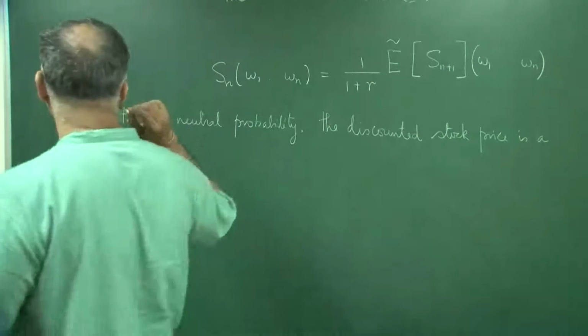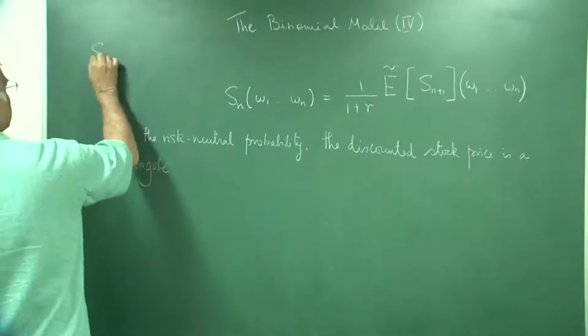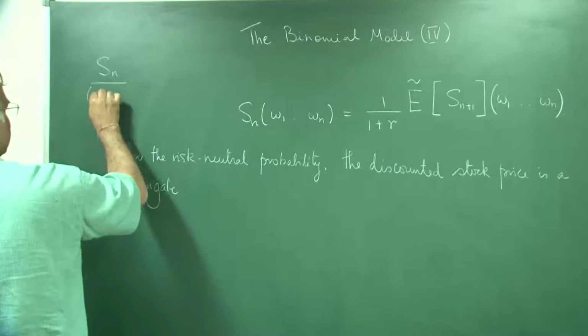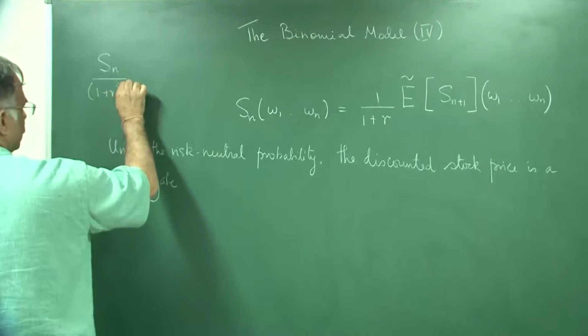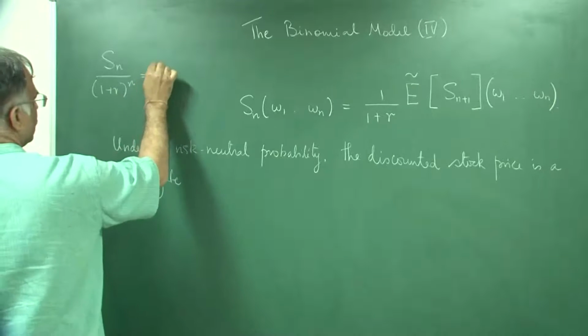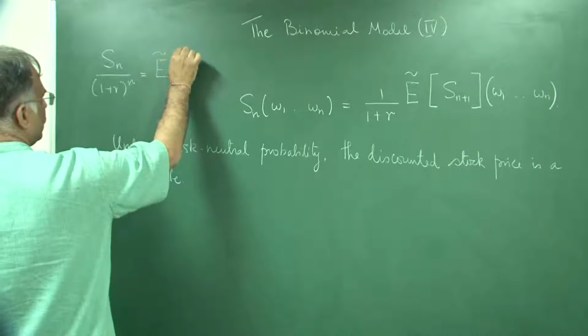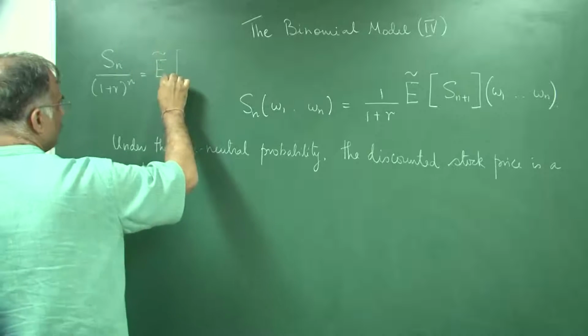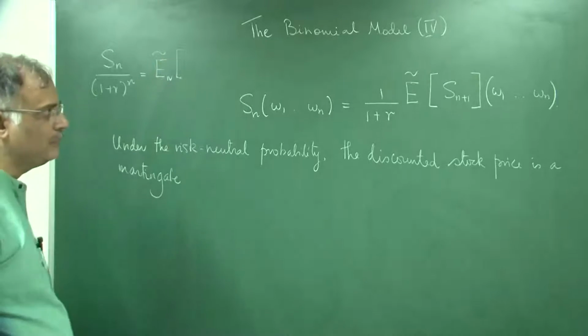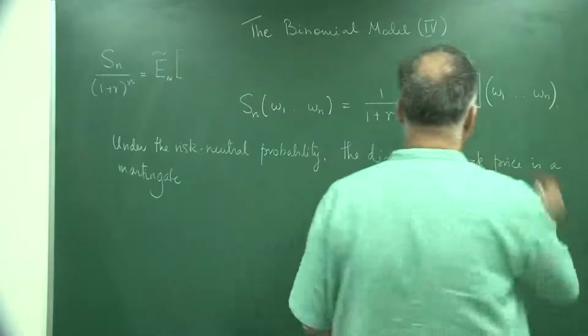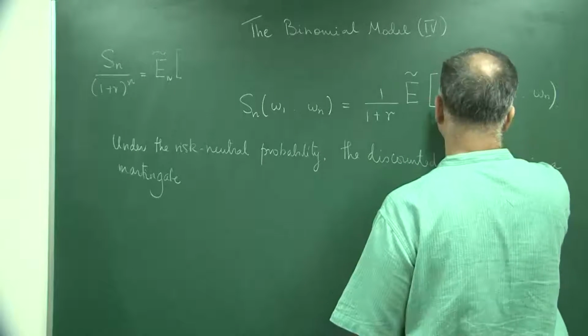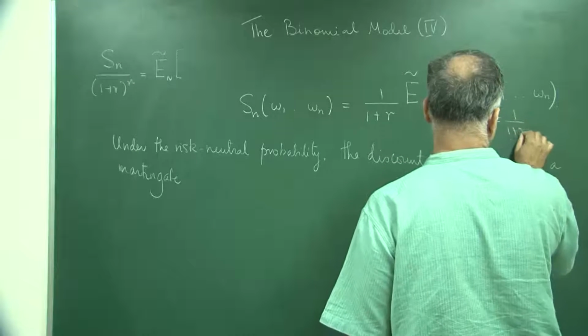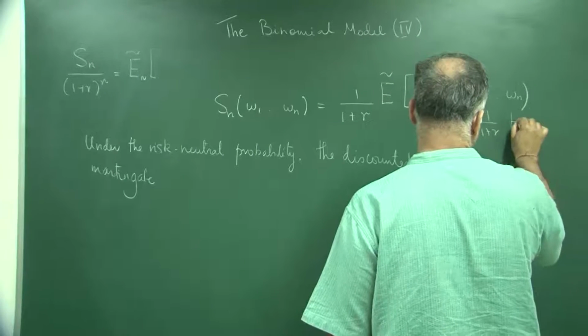So, discounted stock price at the nth stage is this one, where R is the simple interest rate. This is nothing but the conditional expectation under the risk neutral probability. We will write it En for short. I can write this expression in short.